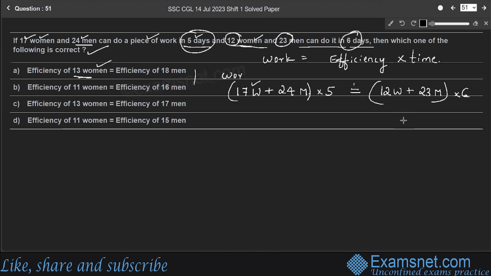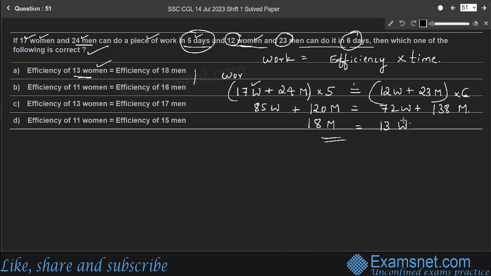Simplified, 17 into 5, so 85W plus 24 into 5, it is 120, is equal to 12 into 6, 72W plus 23 into 6, so it is 138. Simplify it, you will get 18 men is equal to 13 women.